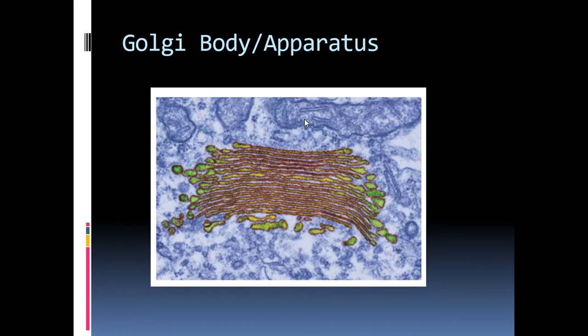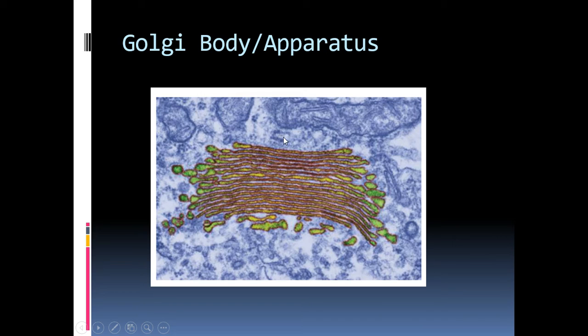So the next organelle that we are going to look at is the Golgi body. Basically, it has a similar structure to the endoplasmic reticulum, which is a stack of flattened sacs. They are said to be formed from vesicles which bud off from the endoplasmic reticulum.